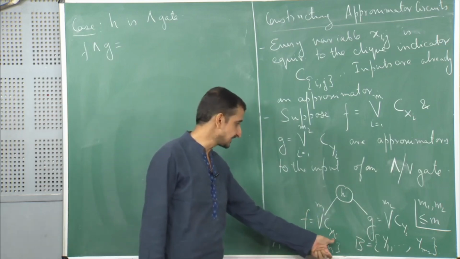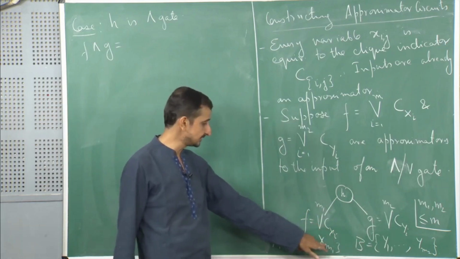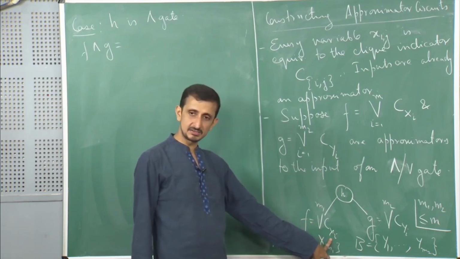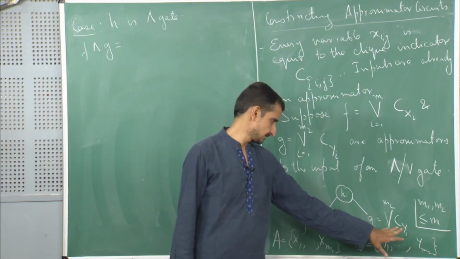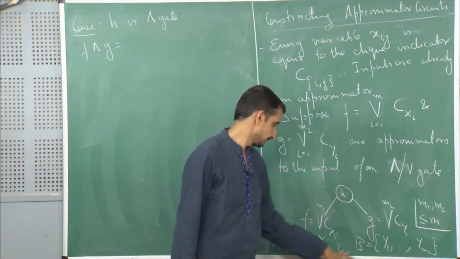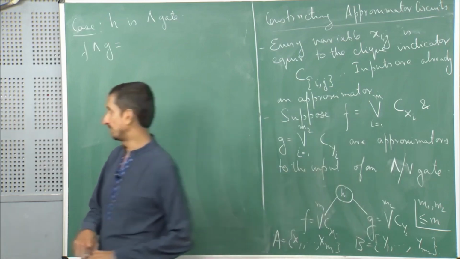Because this is an OR of clique indicators, there is some clique indicator in A that is 1 and some clique indicator in B that is 1, right.